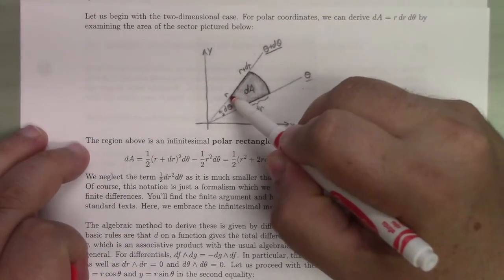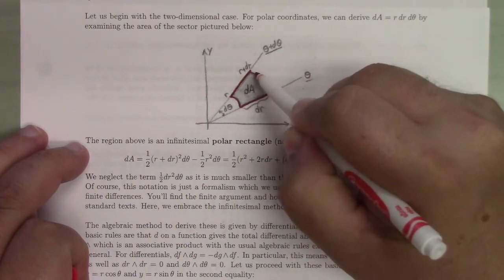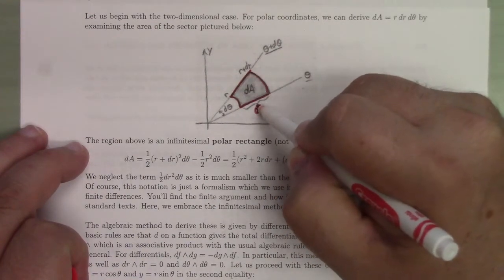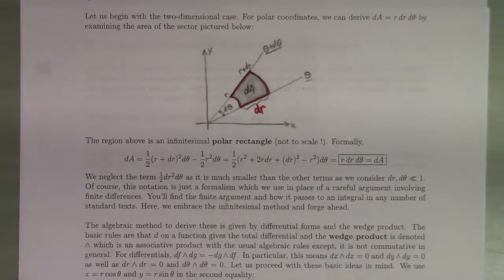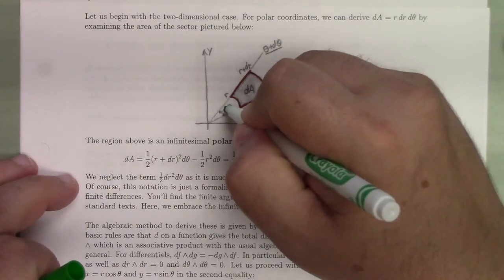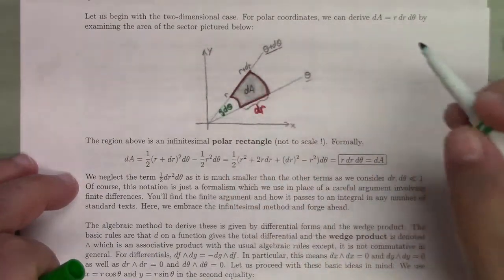I mean, you go from r to r plus dr, like that. So that distance is dr. And then of course you go, from over here, d theta. That's the arc that you subtend infinitesimally.